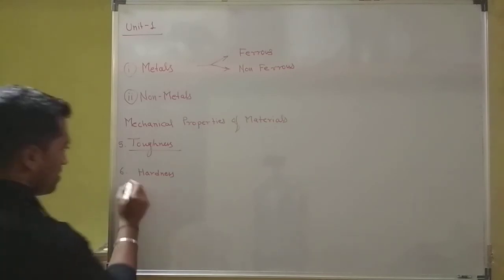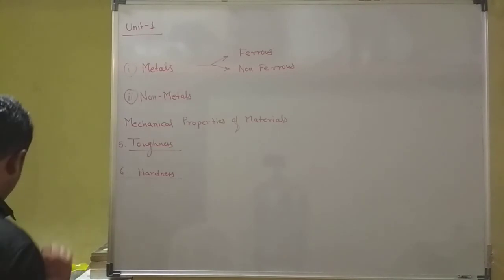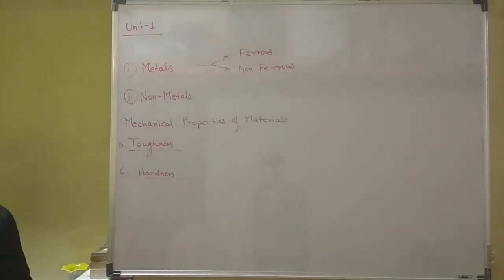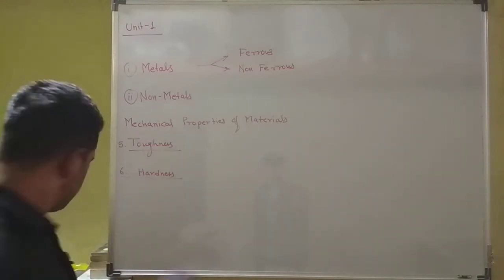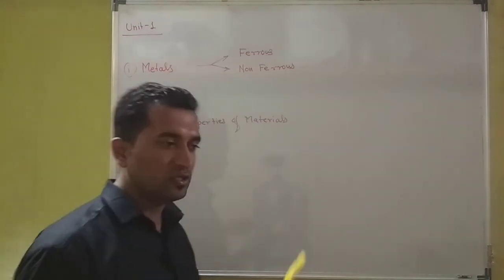Now next is hardness. Hardness of any material. To understand this property, I'll take a chalk first. I'll take a chalk. I'll take a scissor. If you want, you can take a glass also.